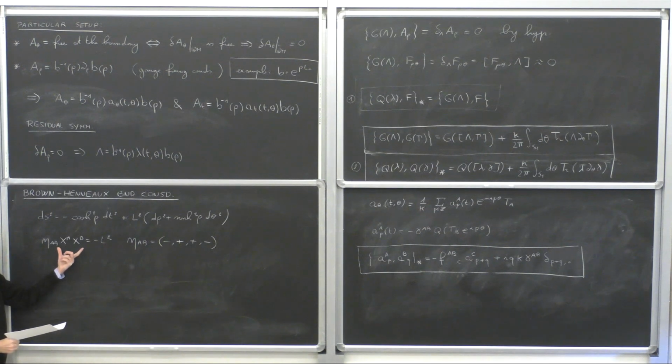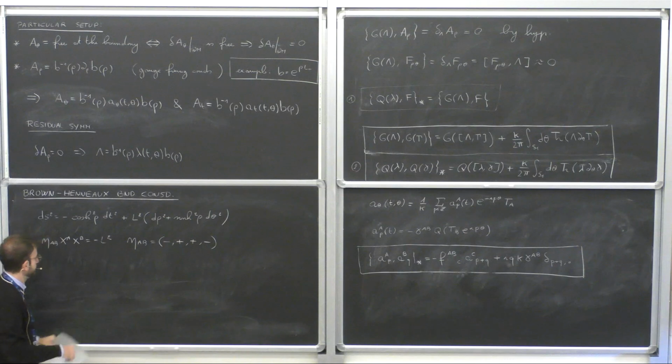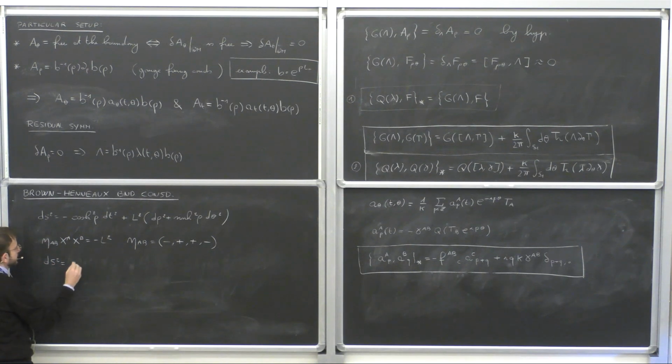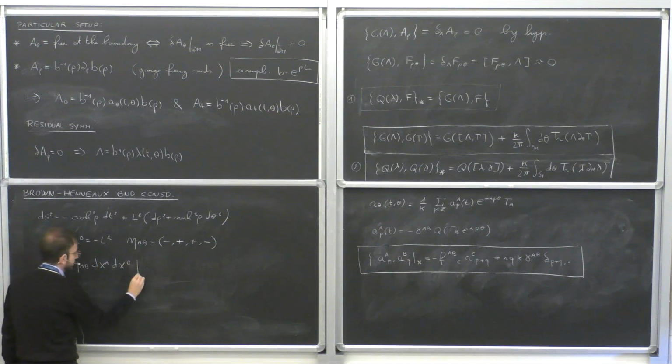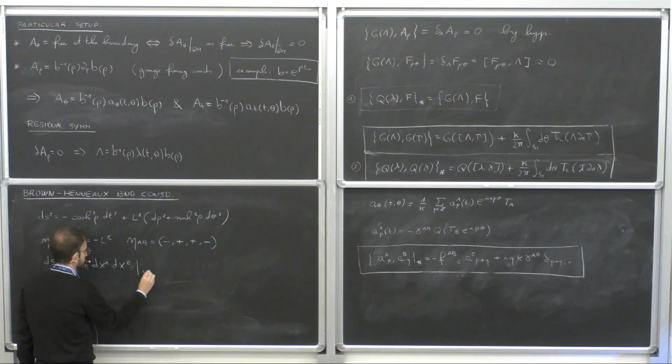And you can check that you can introduce coordinates rho, t, and theta such that this metric ds² is just eta_AB dx^A dx^B on the constrained surface where x² is equal to minus L².